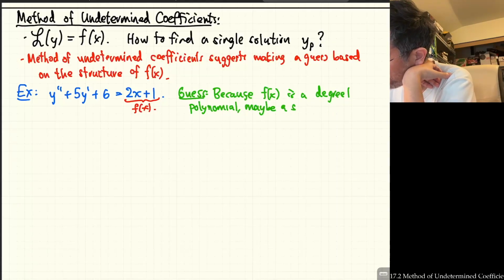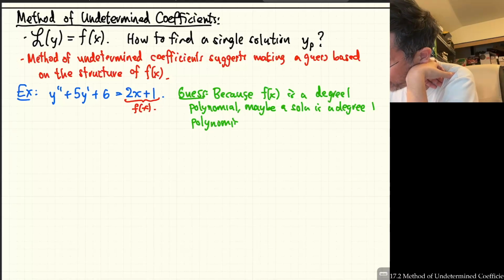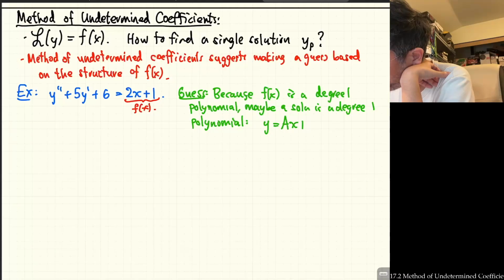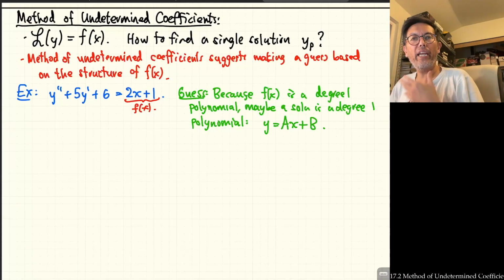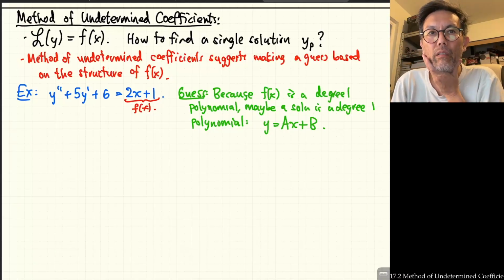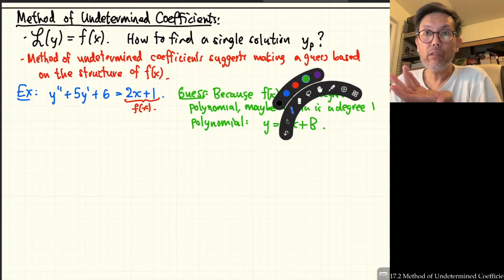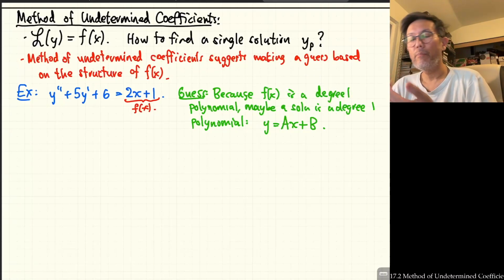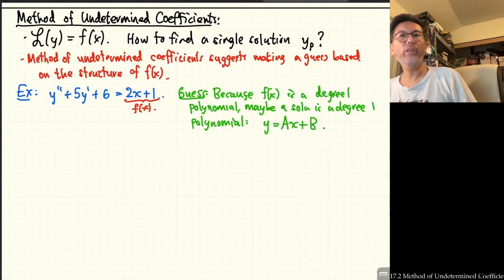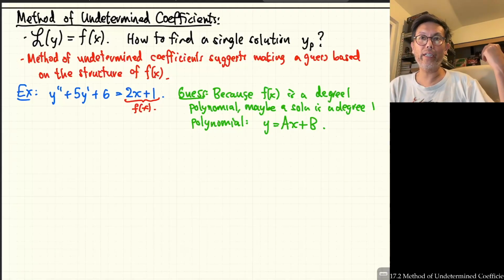Maybe a solution is a degree 1 polynomial. And I'm thinking here maybe it's y equals ax plus b for some a and b. Maybe. It's just a guess. But if the guess works, then we win. So it might be worth just trying.